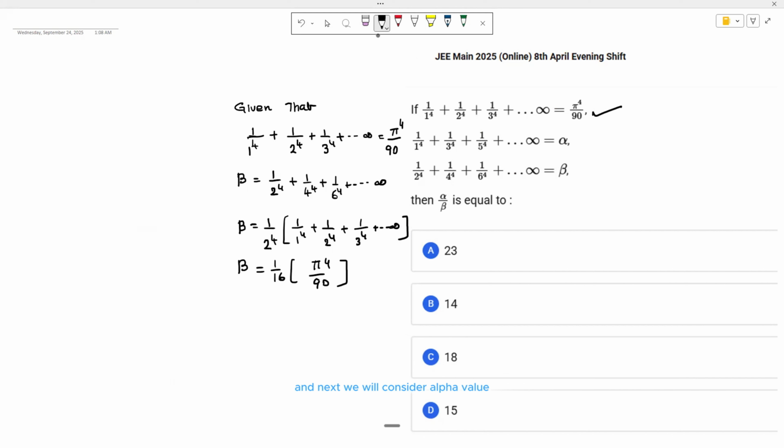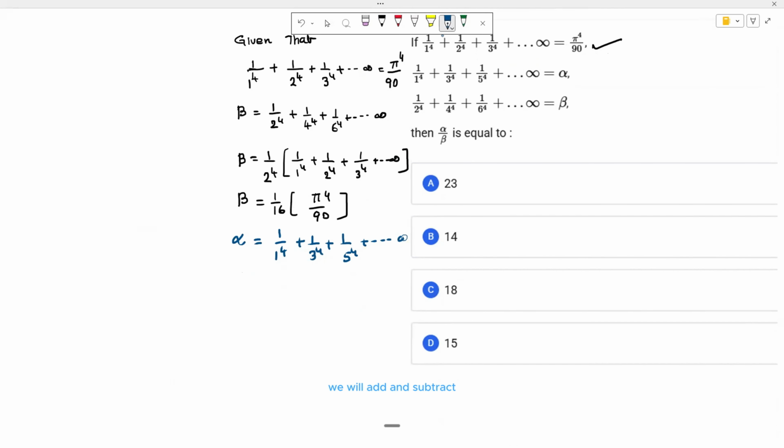Next we will consider the alpha value. Alpha equals 1/1^4 + 1/3^4 + 1/5^4 and so on to infinity. We will add and subtract some terms.